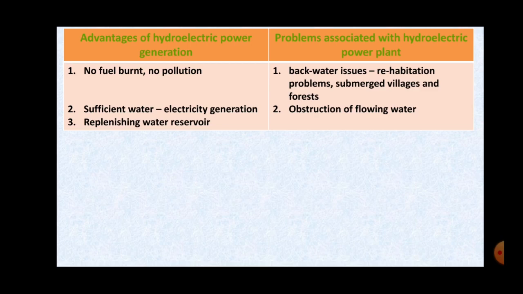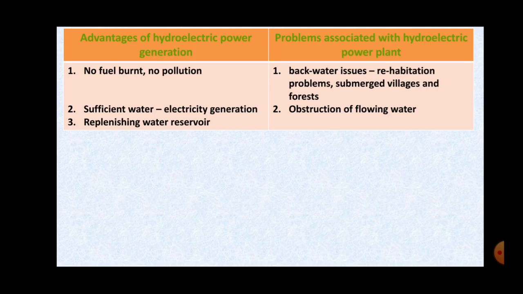Second point is that if we store a sufficient amount of water in the dam, we can generate electricity as and when required. Whatever amount of electricity is to be generated can be generated, and whenever it is required, we can have the generation of electricity.